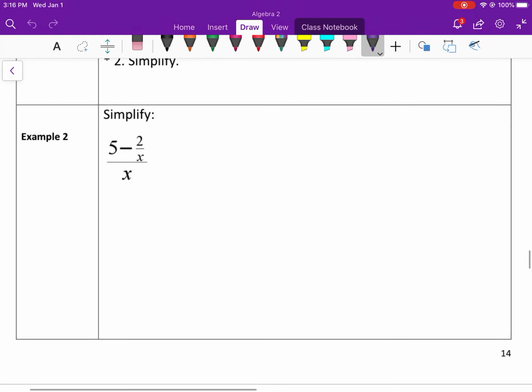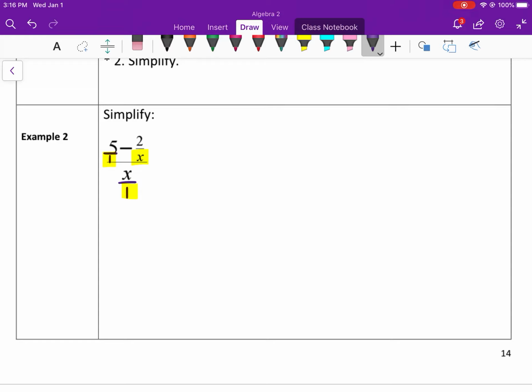Okay, so let's give it a shot. So here I have three fractions. I have 5 over 1 minus 2 over x, all over x, and I could think of that as x over 1. So if I look at the common denominators between the 1, the x, and the 1, the lowest common denominator of everything is just going to be a 1x.